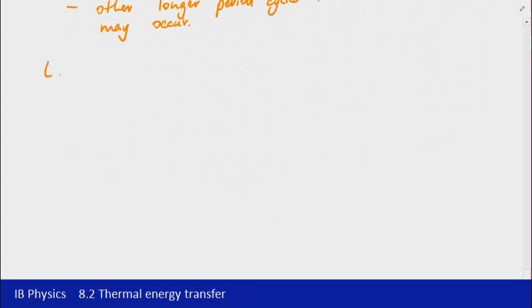Now, there's one other aspect of the solar constant that I want to delve into, just to try and clarify something that might pose problems later. When you think about solar radiation being received by the Earth, it ultimately is going to be determined by the cross-sectional area of the Earth itself.